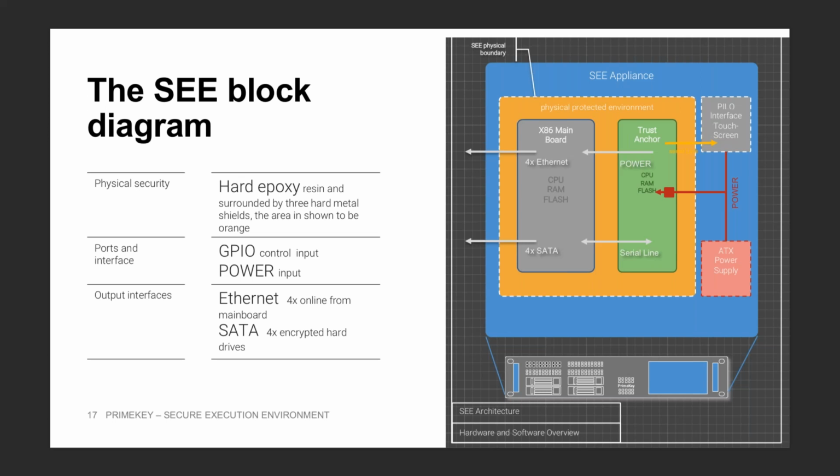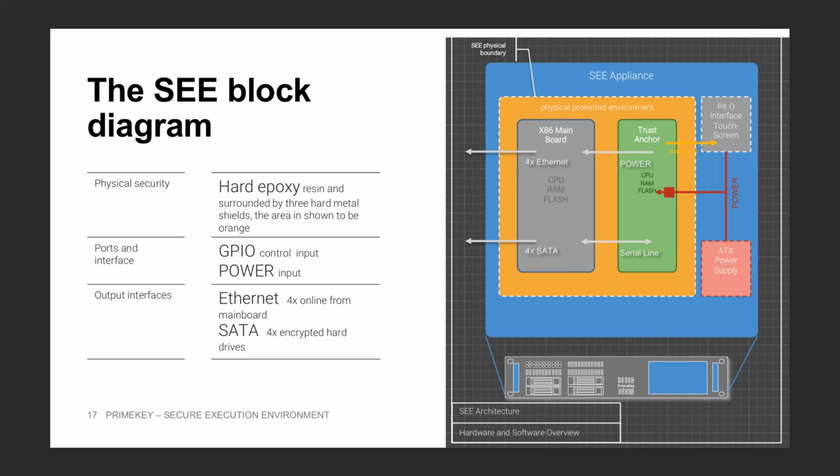starting from the power supply itself of the server, this power supply is connected to the trust anchor inside this physical protected environment. The physical protection we establish with a hard epoxy resin potting process, so the whole system is potted, and there the trust anchor is controlling the power that is presented to the main board itself.